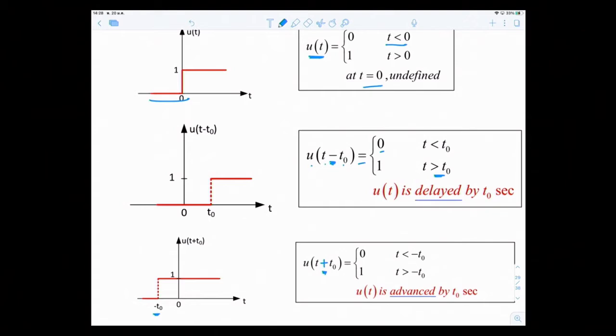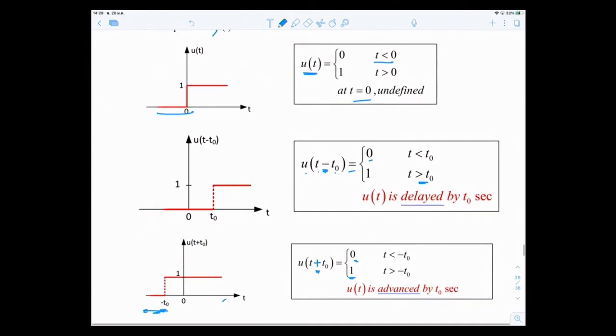So u(t plus t0) is equal to 0 for t less than minus t0, and is equal to 1 at t greater than minus t0. So this is the picture. These are all the three functions that you need to know for the exam.